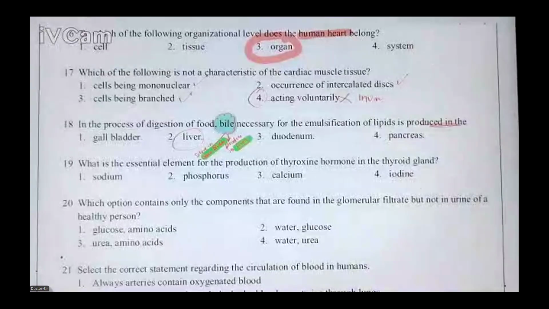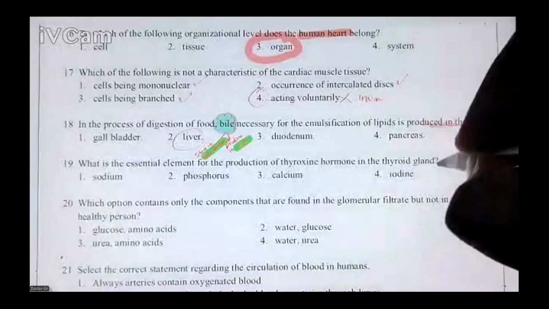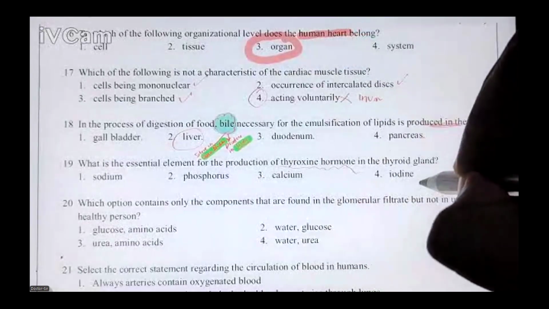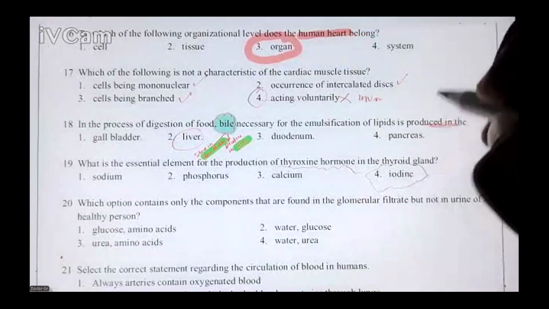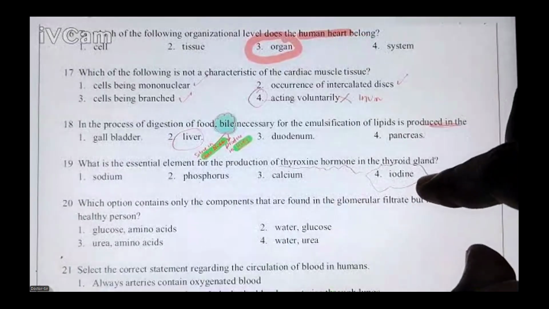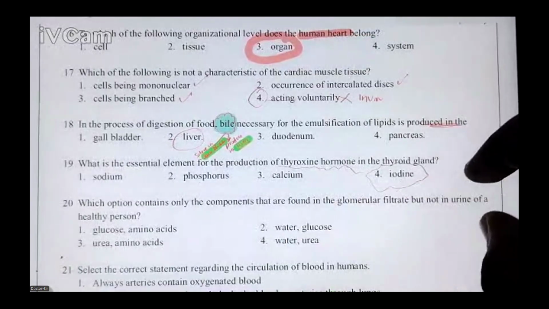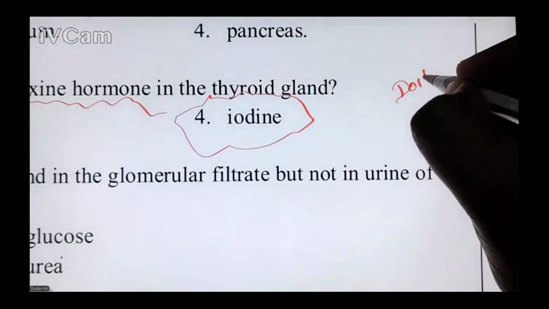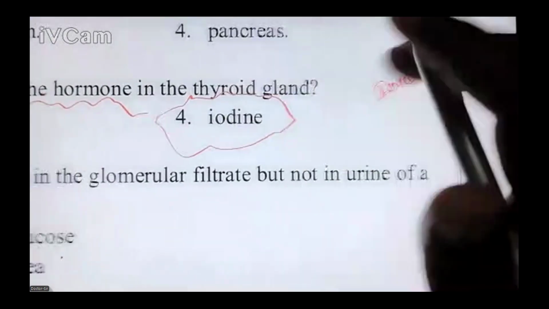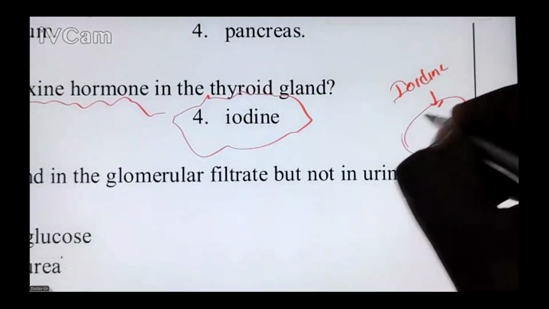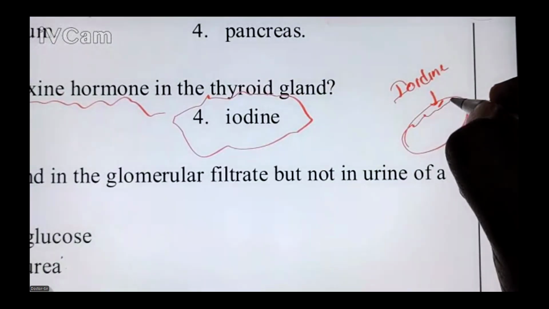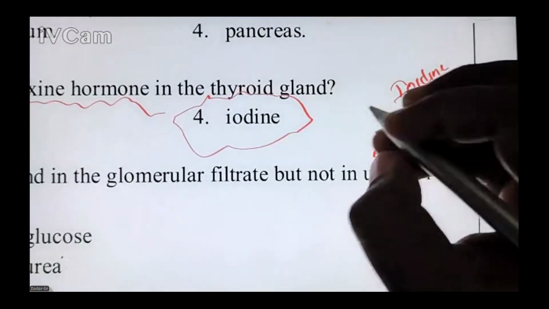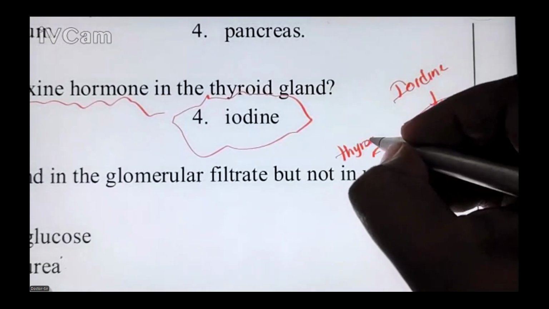Which essential element is used to produce thyroxine in the thyroid gland? Thyroxine is produced using iodine. That's why we are asked to take iodized salt. When iodine enters our thyroid gland cells, the cells take this iodine and produce thyroxine.